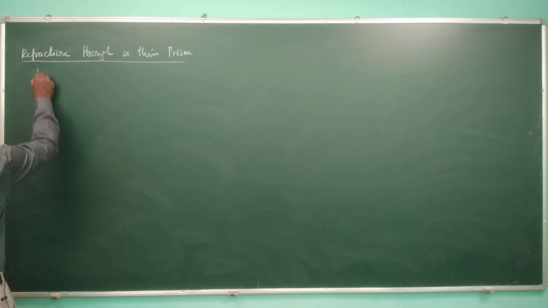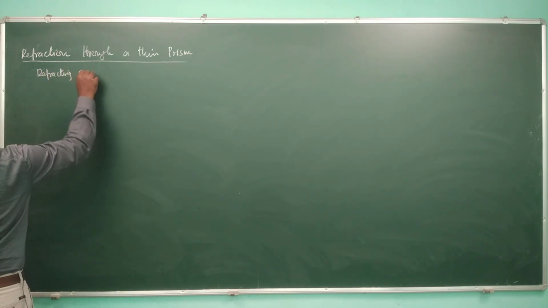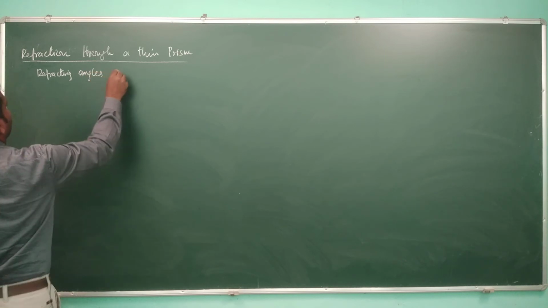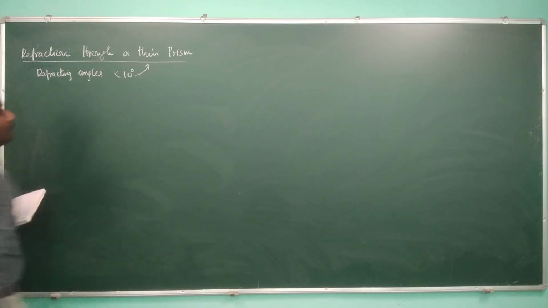When the refracting angles are 10 degrees or smaller, then it is said to be a thin prism.